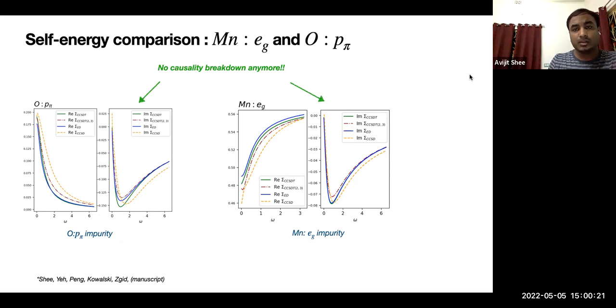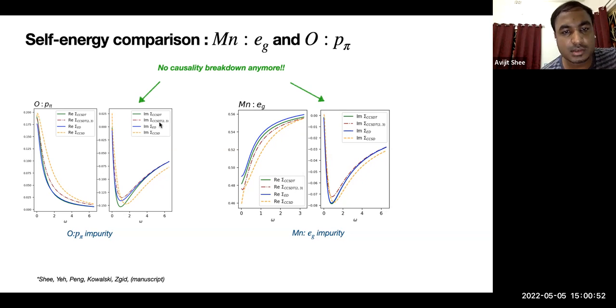So when we study with this improved solver, what we see is that previously, for p pi and eg choice of impurities, the self energy of CCSD is quite different with respect to ED, as one can easily see here.